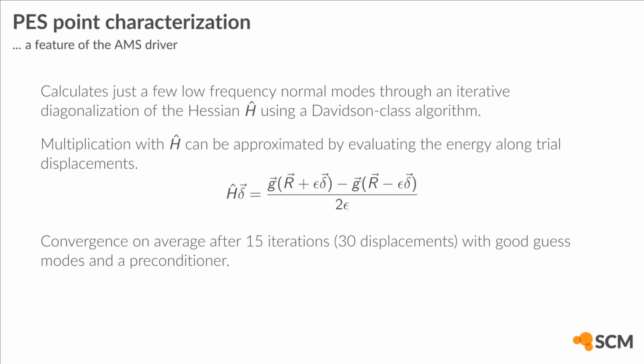The great thing about the PES point characterization is that on average it converges after about 15 iterations, or 30 nuclear displacements for a two-sided derivative, irrespective of the system's size. For systems beyond roughly 25 atoms, this makes the iterative PES point characterization much faster than the direct calculation of the full Hessian.